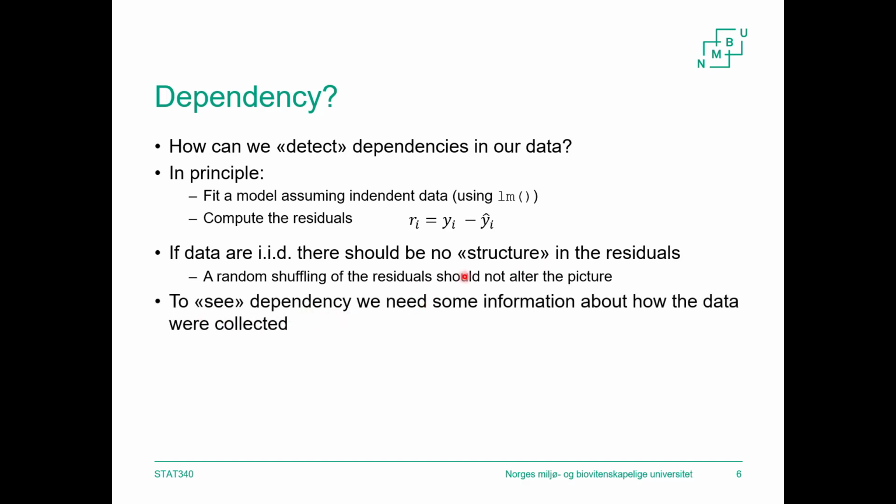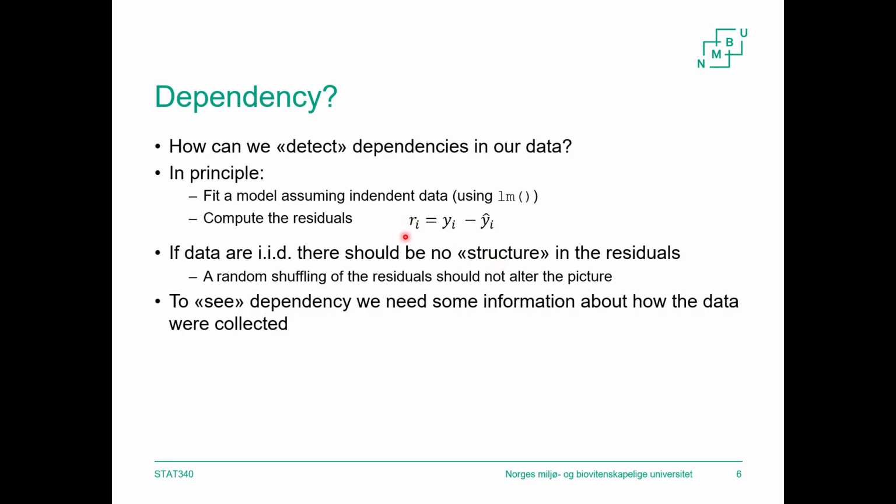What is important to remember is that in order to see this dependency, we need some information about how the data were collected. Do we have any other information about these residuals in order to see this structure?